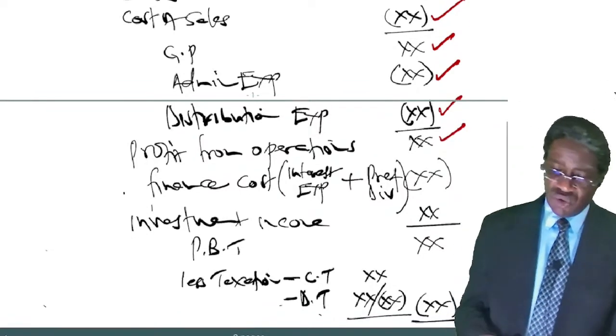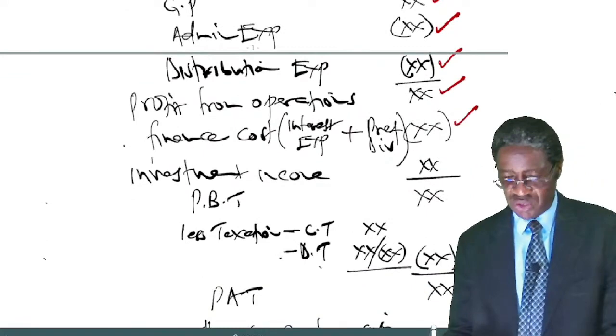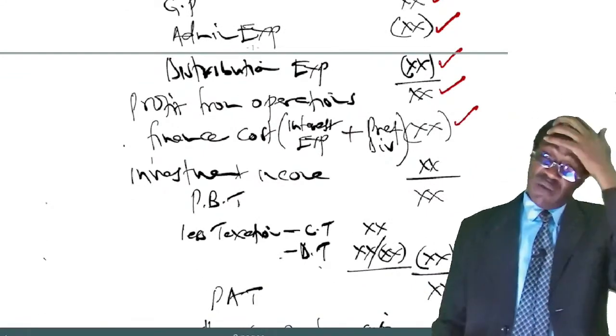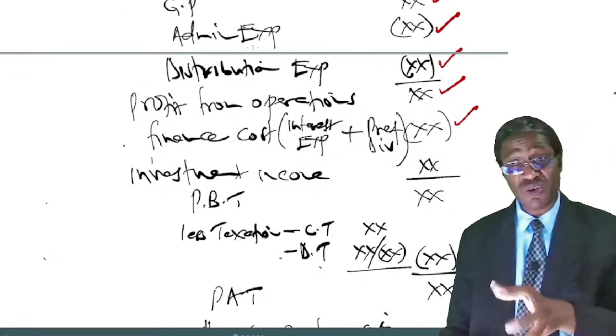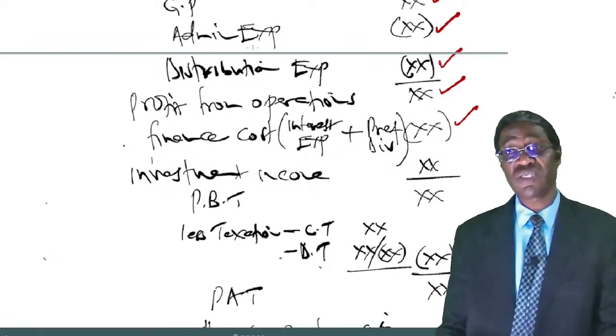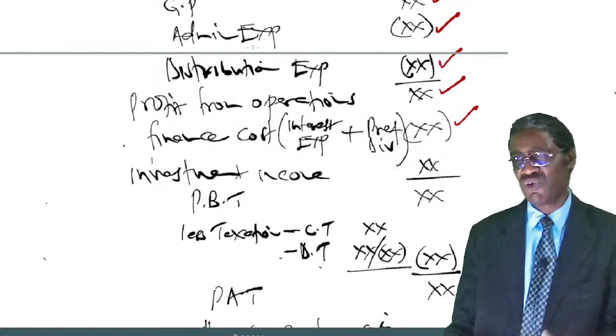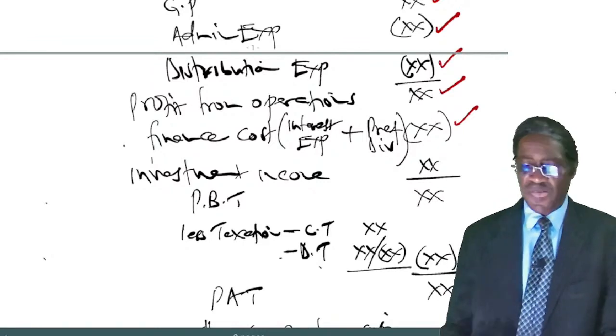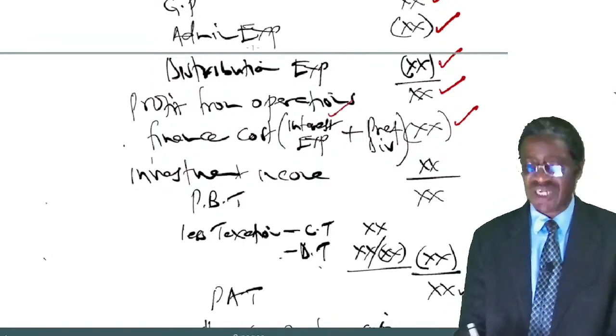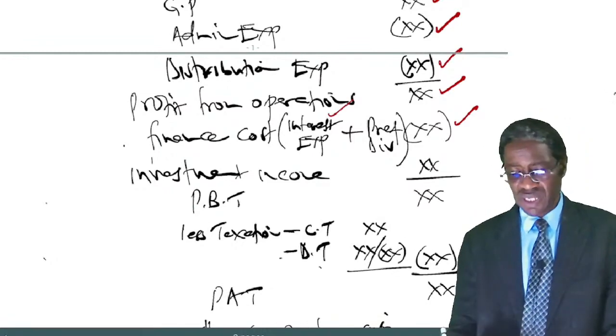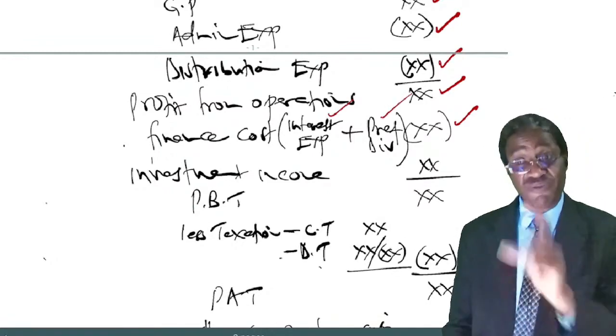Then I've told you, charge the finance cost. That one we have dealt with for a bit of time. In fact, we are not through yet. There are a lot of challenges, especially in that area of finance cost, but I've just highlighted a few. I've only given one example of a finance cost in terms of interest, and the second one, which is preference dividend.